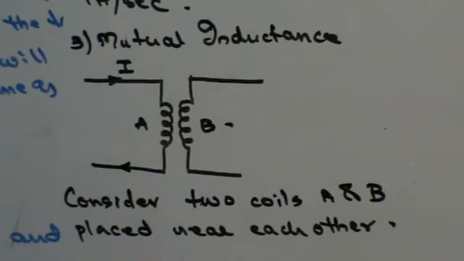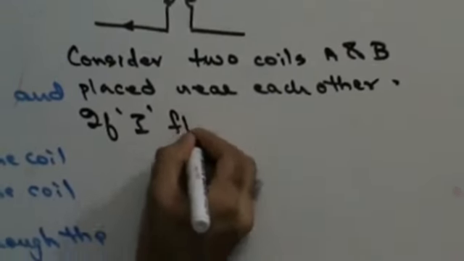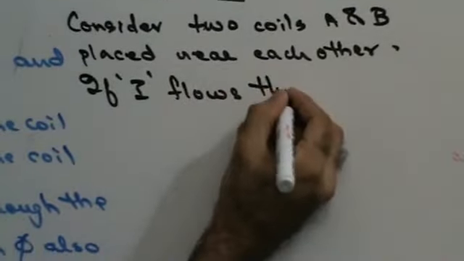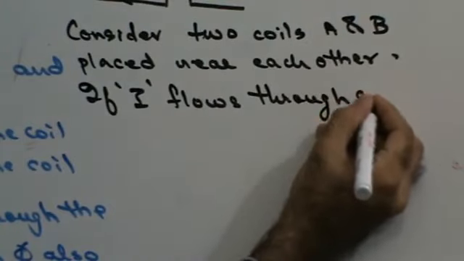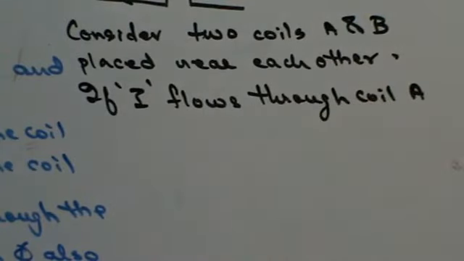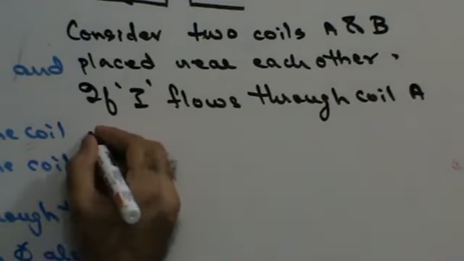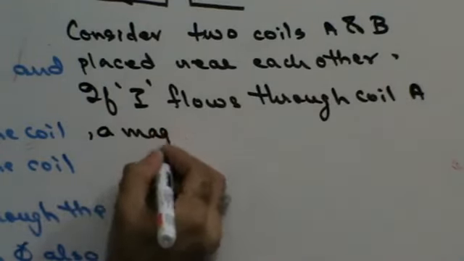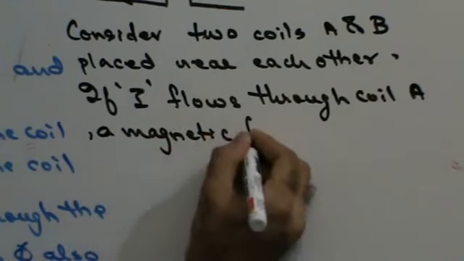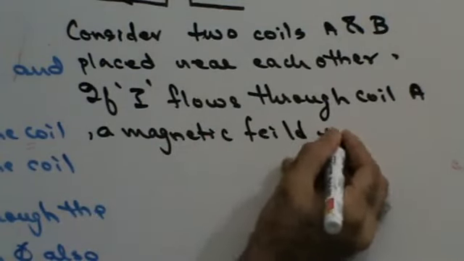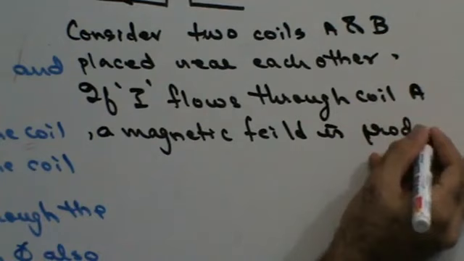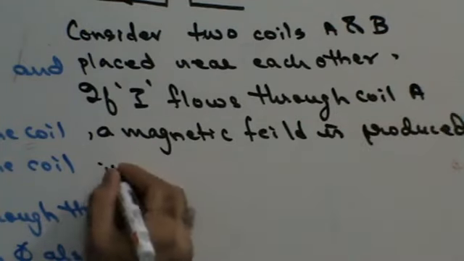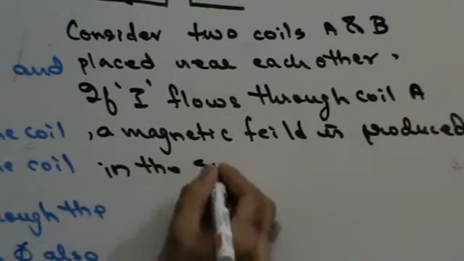In which case, if current flows through coil A, a magnetic field is produced in the space surrounding it.